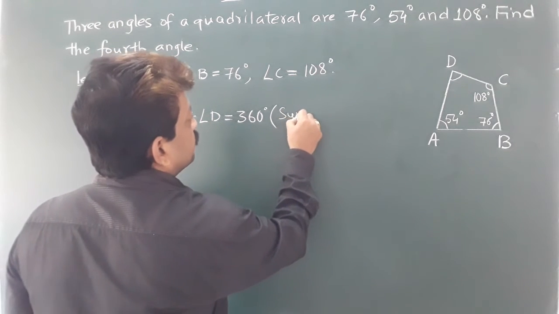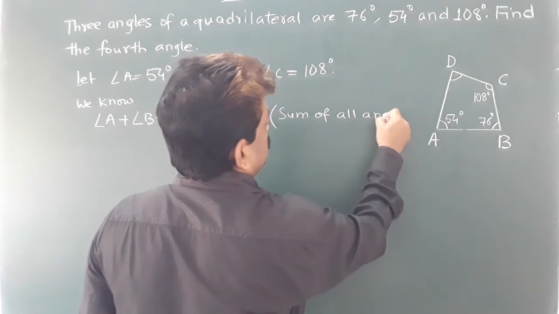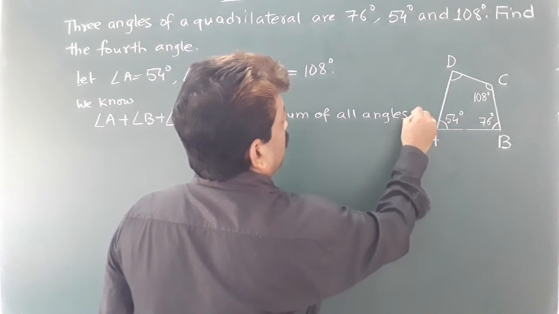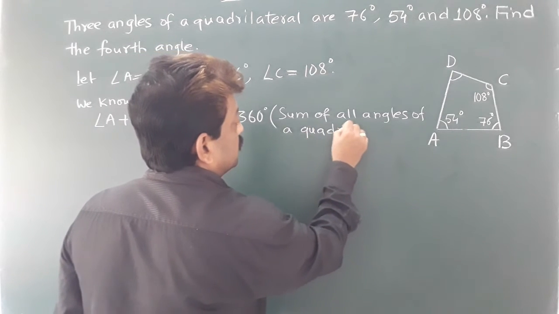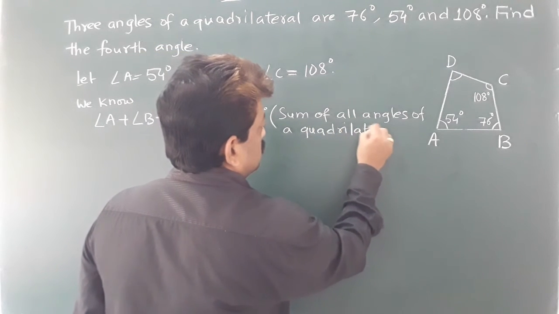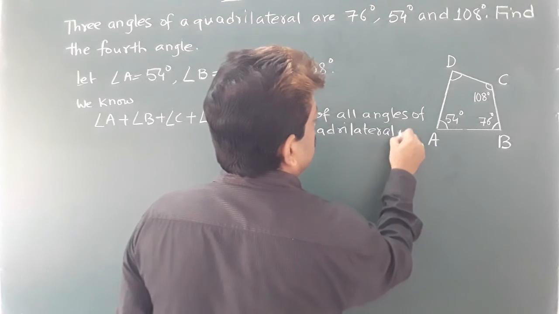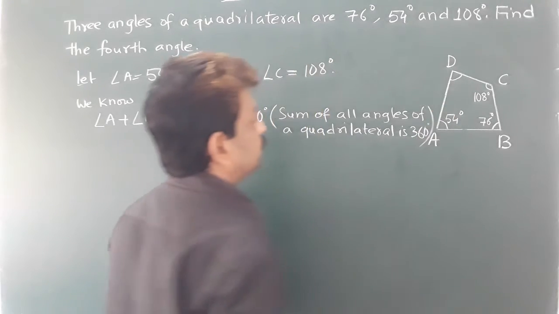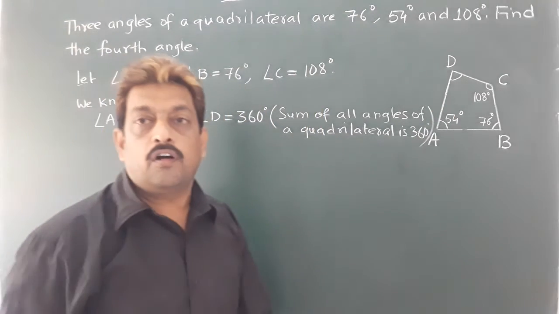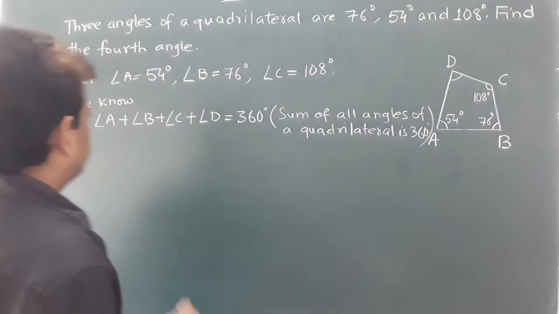So sum of all angles of a quadrilateral is 360 degrees.